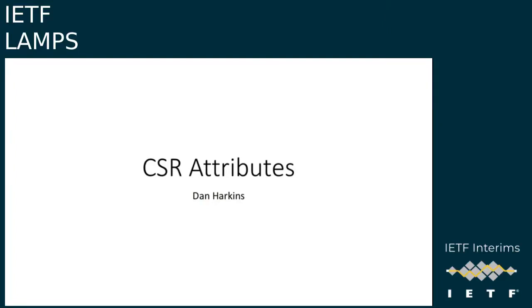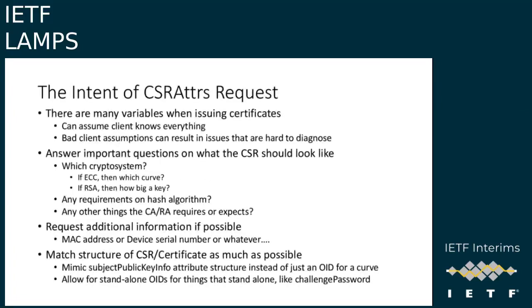Okay, thank you. So next slide, please. So there was some discussion on the list about what CSR attributes are, the whole point of them is, and they got added to EST because it seemed like there's a lot of variables that need to get settled when issuing a cert, and it was at least our understanding that if a client assumed a setting that the CA didn't like, that it would probably result in not issuing the certificate, and that would be kind of a pain to diagnose.